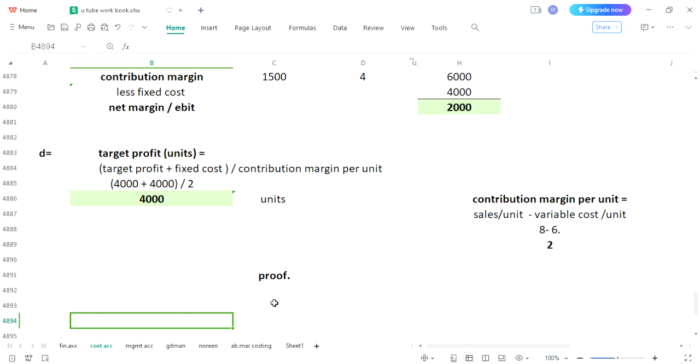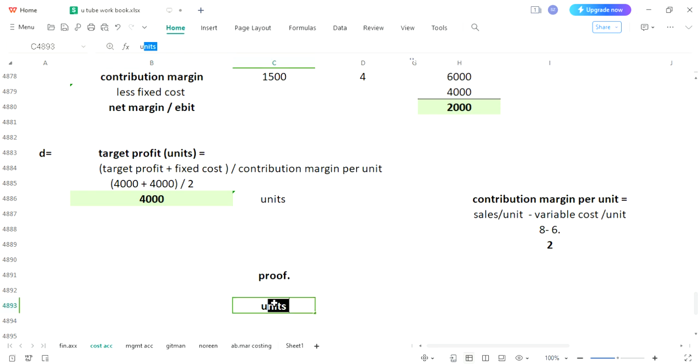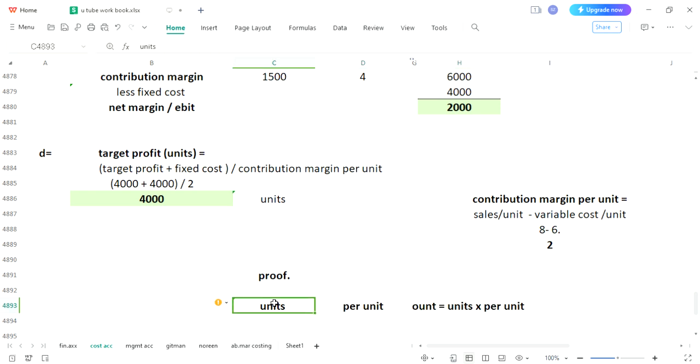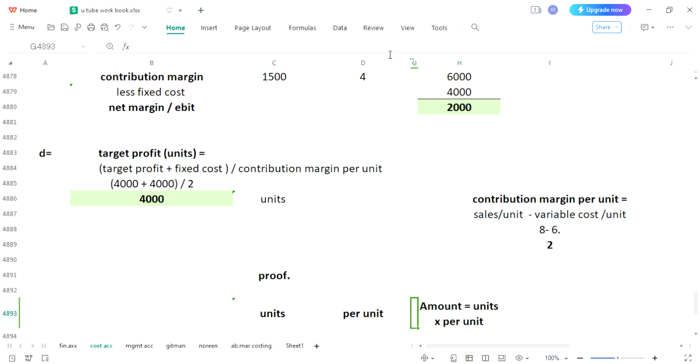So please be attentive. Here you will write again units and then per unit and then amount would be written, units multiplied by per unit. In the same way which we have described earlier, the amount can be calculated when you multiply units into per unit.